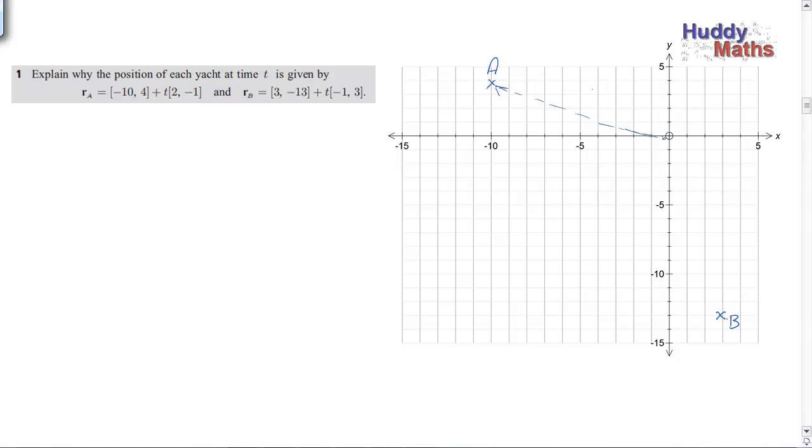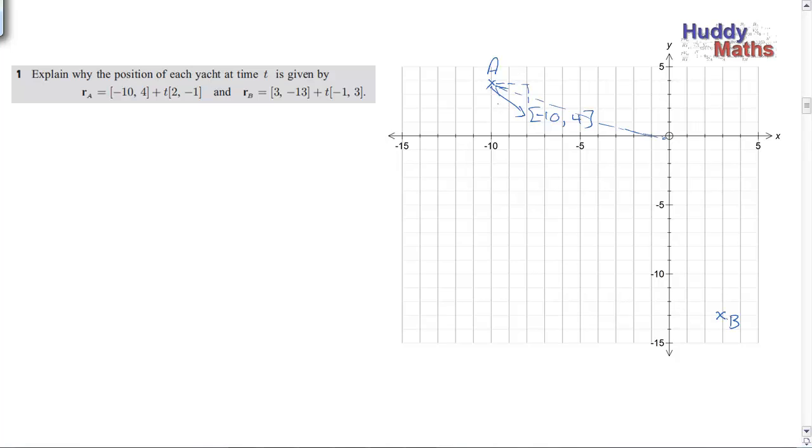To get to yacht A, this is a vector (-10, 4) from the origin. And then every time interval, it's going to go across 2 and down 1. So we have a direction vector now, and every time unit, it goes at (2, -1).